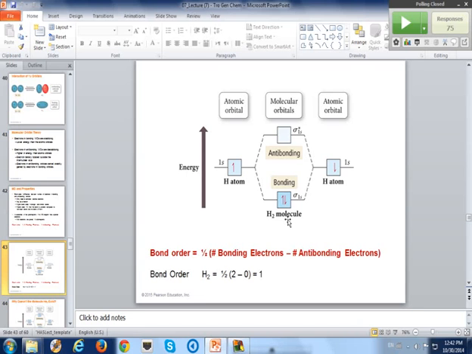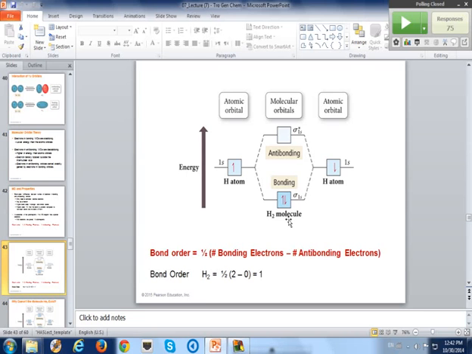By linear combinations of those atomic orbitals. Okay? And in the linear combination, we'll see the energy as well as the symmetry of those atomic orbitals determine which atomic orbitals have more important linear combinations.